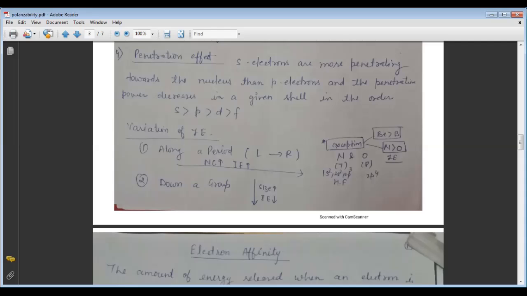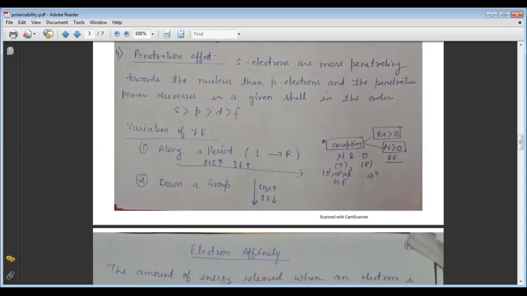Another exception case here is that in the case of nitrogen and oxygen, the ionization energy of nitrogen is high in comparison to oxygen. Give the reason. The reason is that the atomic number of nitrogen is 7, so here 3 electrons are present in the 2p orbital, and in the case of oxygen there are 4 electrons in the p orbital.